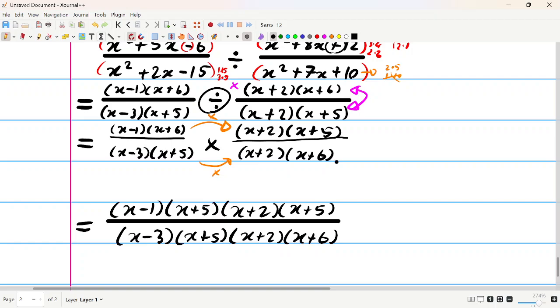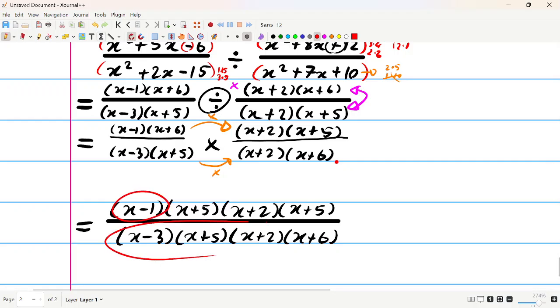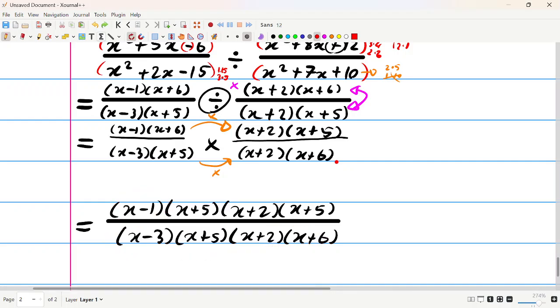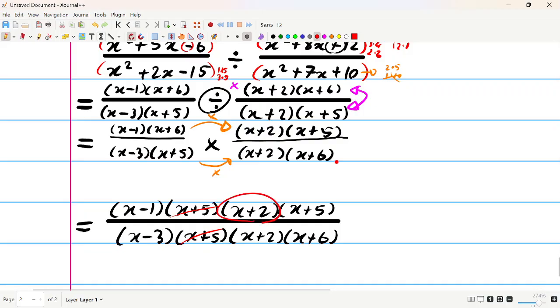This is getting ridiculous. Now we can see if we can cancel anything out. Can we cancel anything out? So x minus 1. Is there an x minus 1 somewhere here? Absolutely not. X plus 5. Is there another x plus 5? Yes. So we can cancel these out, because remember, they're all multiplying each other. Is there another x plus 2 in the denominator? Yes, there is. It's over here. So we can cancel those out.